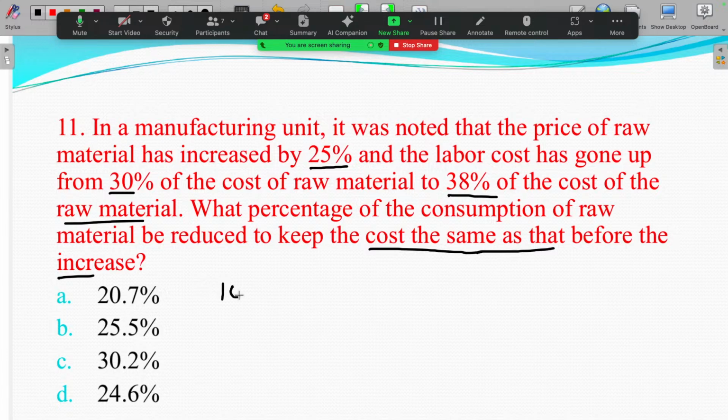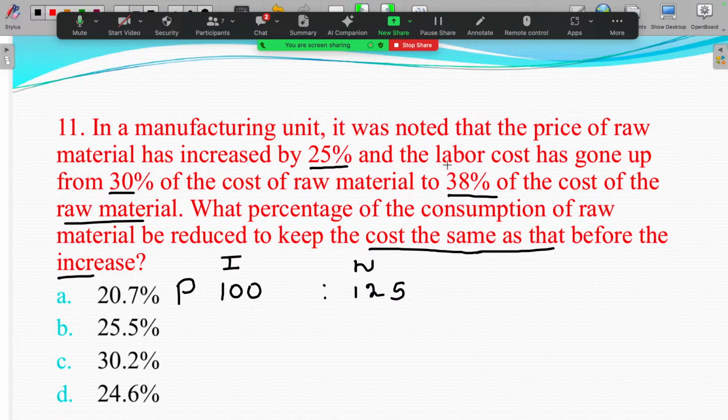Initially, the raw material cost is 100 rupees. Now that cost will be 125 rupees. Initially 100 rupees is the old cost, and now it is 125 rupees, the new cost.